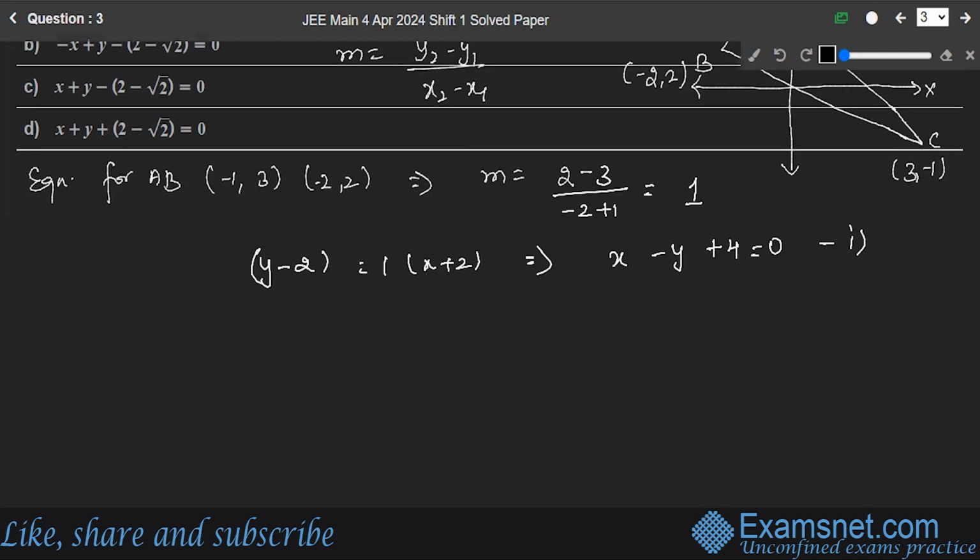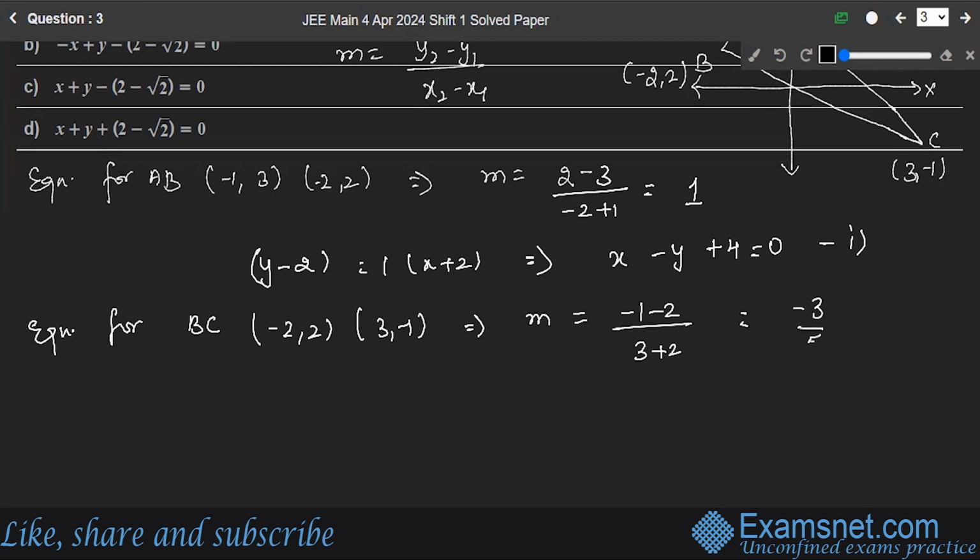And similarly form the equation for BC. So B has the coordinates minus 2 comma 2 and C has the coordinates minus 3 and minus 1. You will have the value of m as minus 1 minus 2 upon 3 plus 2, which is equal to minus 3 upon 5. So the equation will be given by y.